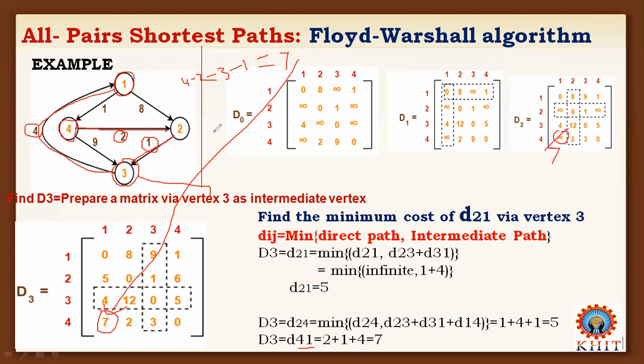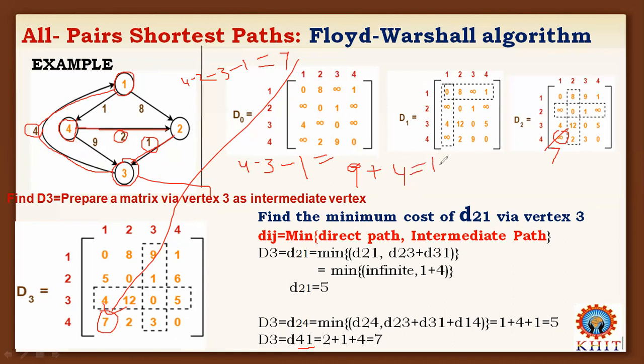So another way is 4 to 1, no? 4 to 3 and 3 to 1. There is a possibility. If we consider this, what is the cost of 4 to 3? The 4 to 3 cost is 9 and the 3 to 1 cost is 4.